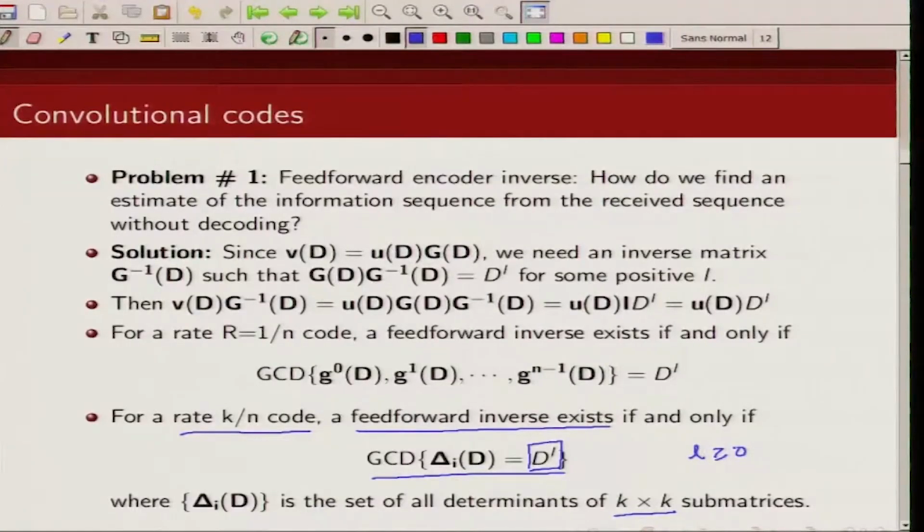So, we do not want the determinants of all possible k cross k submatrices to have any common term among them. If this condition is satisfied, a feed forward inverse exists.